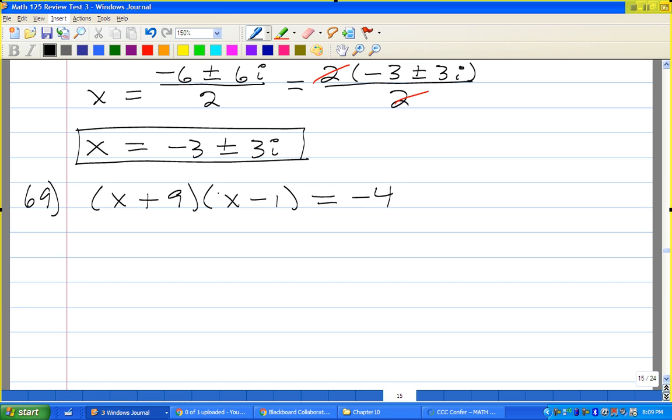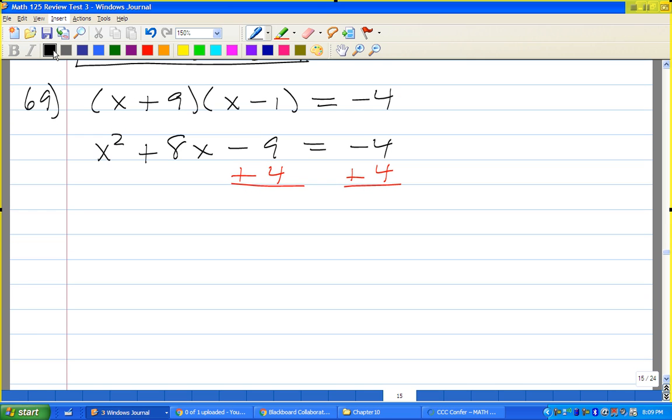So let me multiply this out. So I get x squared minus x plus 9x, which is a positive 8x, minus 9 equals negative 4. Let me add 4 to both sides of my equation. And so I get x squared plus 8x minus 5 equals 0.